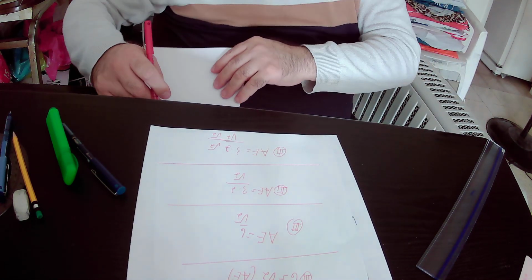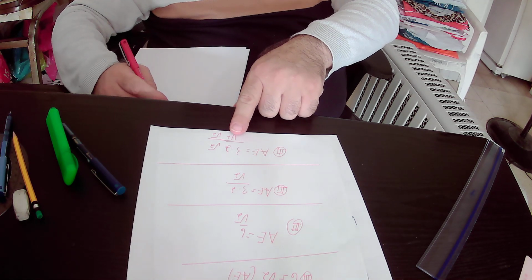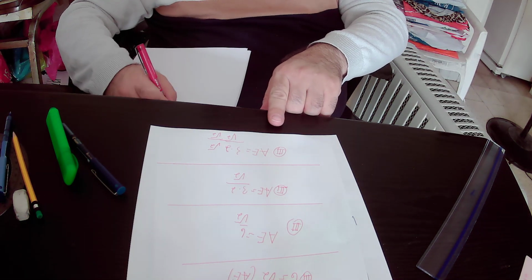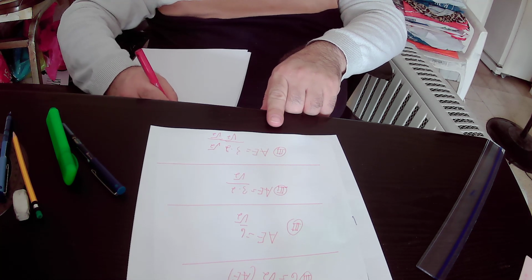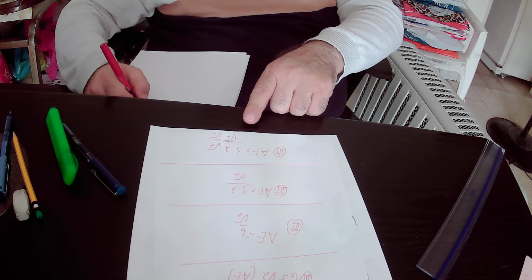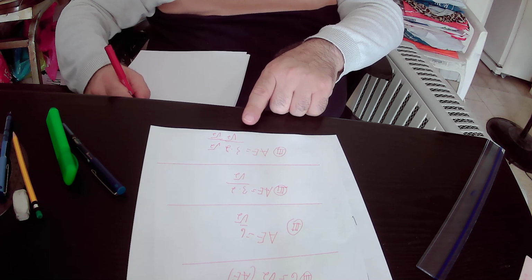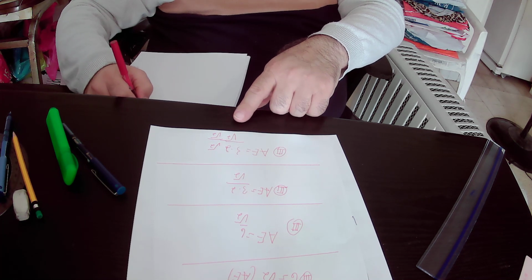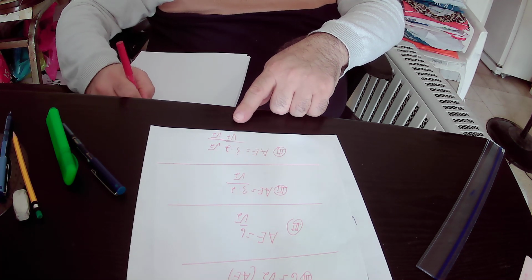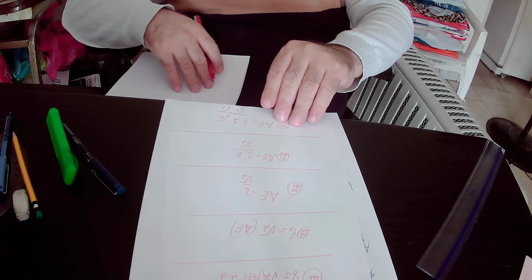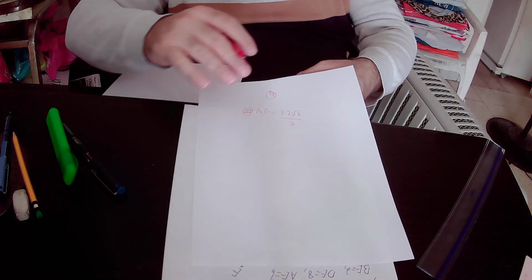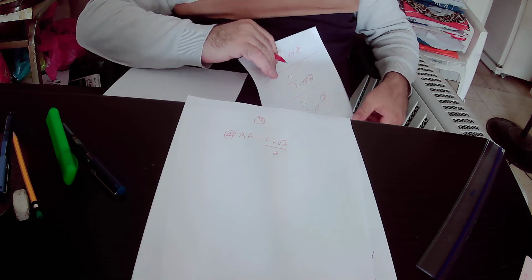So what we have in equation number 3, AE equals 3 times 2 times square root of 2, and square root of 2 times square root of 2 is 2. So we got this expression.